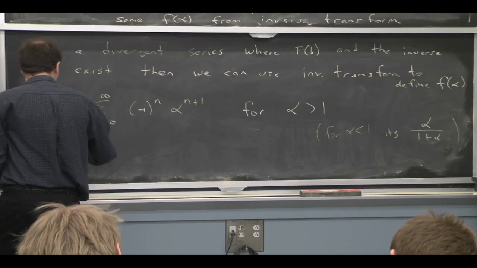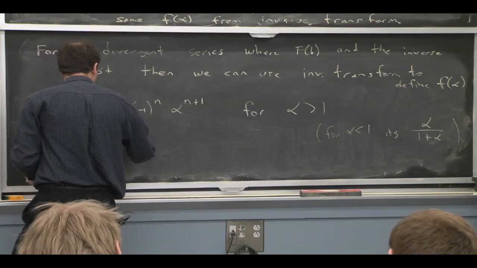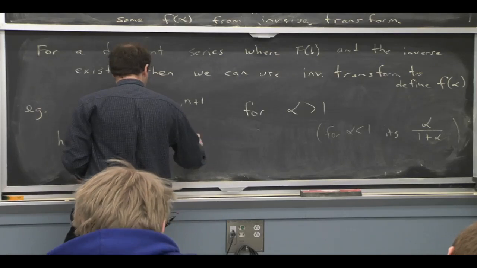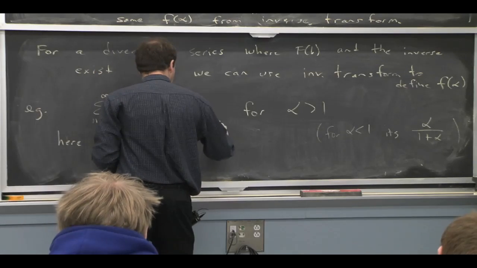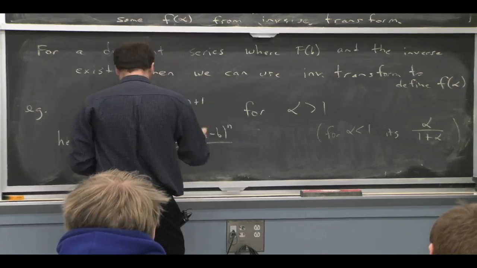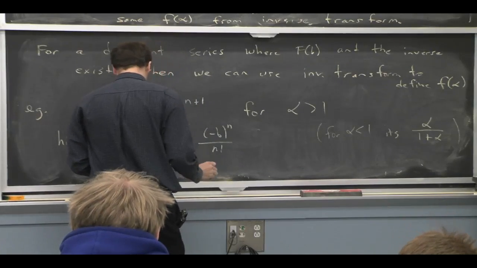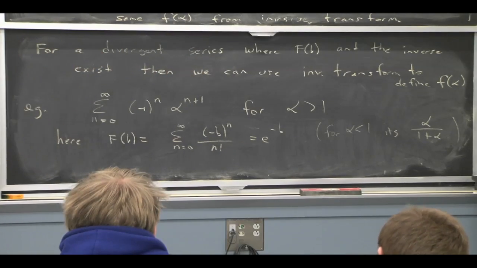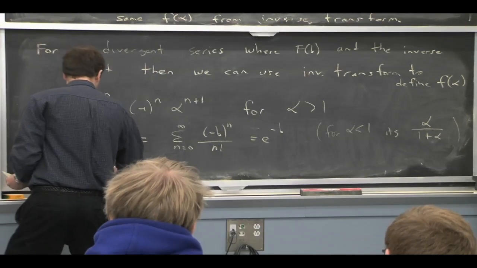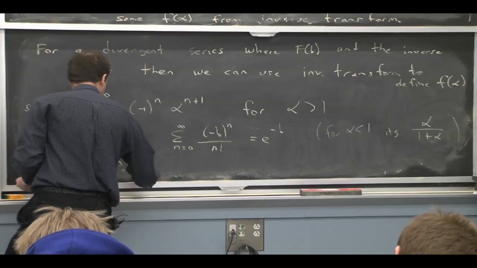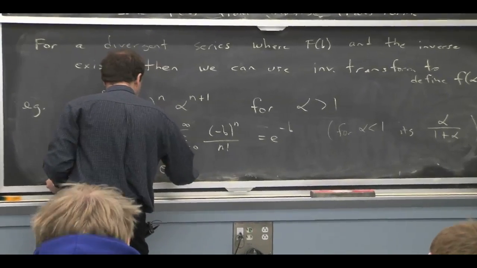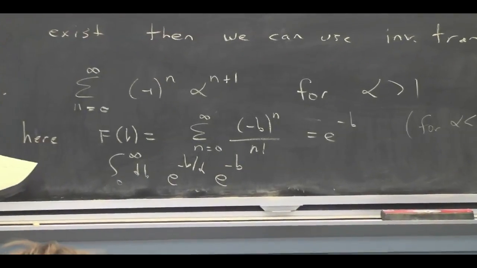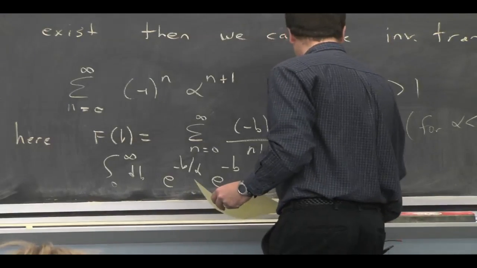So if you calculate f of b here, you sum from 0 to infinity of (-b)^n, once you put the minus 1 in there, and there's an extra n factorial. So that's e to the minus b, a perfectly well-behaved function. And then you have to do an integral, 0 to infinity db. You have e to the minus b over alpha times the f of b, which is e to the minus b. And that just gives you alpha over 1 plus alpha.